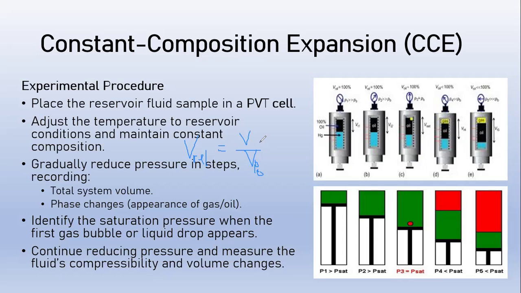No. You'll get it at your initial pressure that you use. You'll record all the volumes for the respective pressures, including the bubble point, first. Then you start populating the relative volumes. The relative volume, sorry, sir.